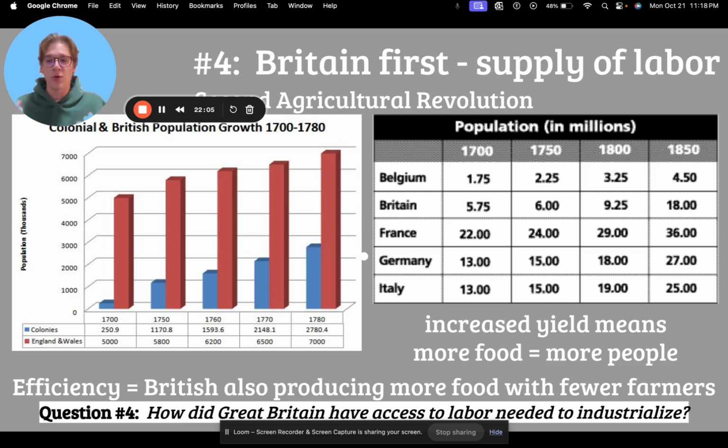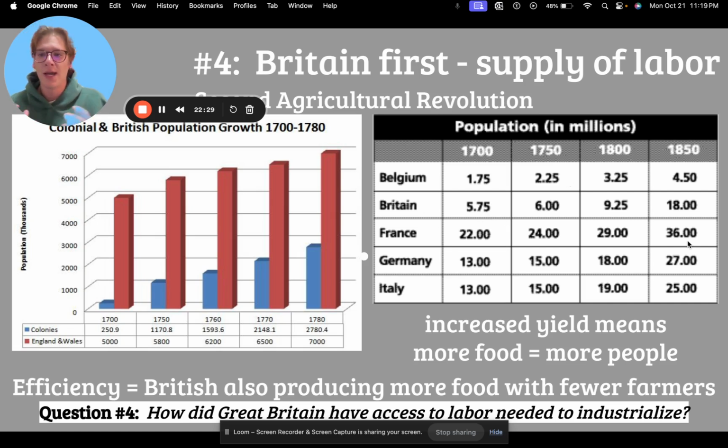And more yield and crops equals more people, right? So this means there's more food now in this area, which means more people can move into that area and eat, right? And if you look at these pictures, population from 1700 to 1850, Britain alone went from 5.75 million to 18 million, right?